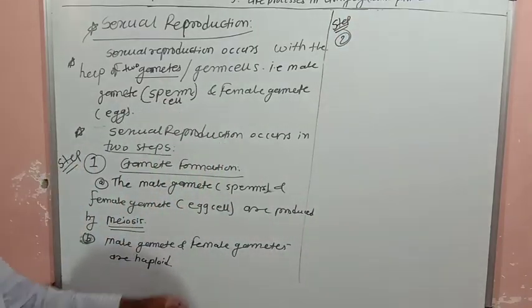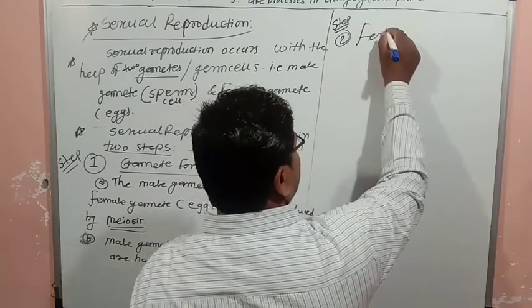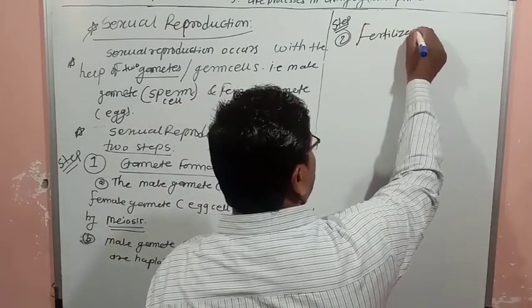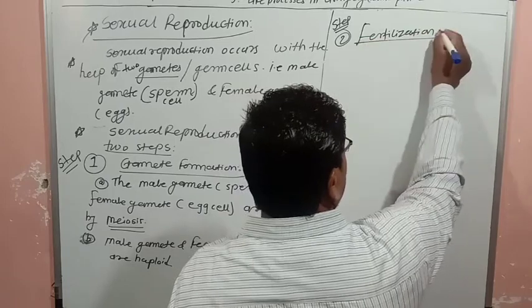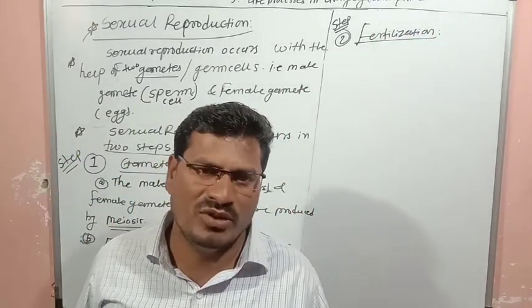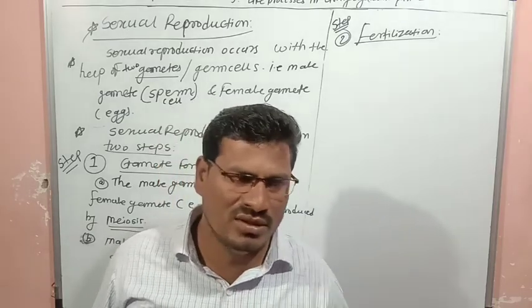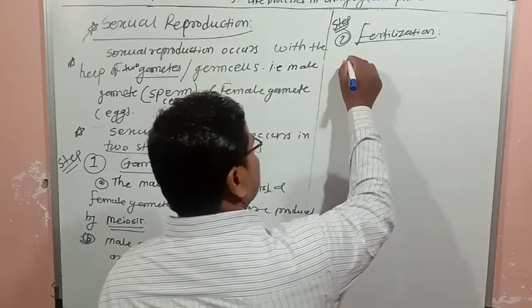In step number two, fertilization. So what is fertilization, that we will see. The process of fusion of male gamete with female gamete and the production of zygote is called fertilization.